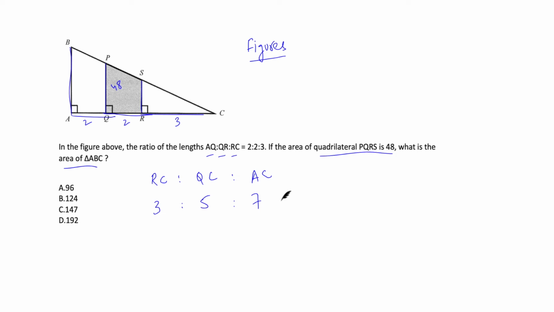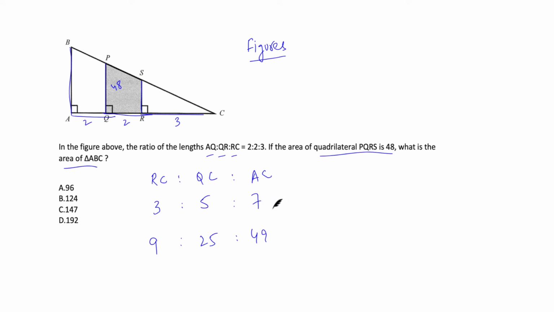Now we know that we have the ratio of the corresponding sides. If we square them, we will get the ratio of the areas of these triangles. So let's square them. 3 squared is 9, 5 squared is 25, and 7 squared is 49. These are the ratios of the areas of these 3 triangles.